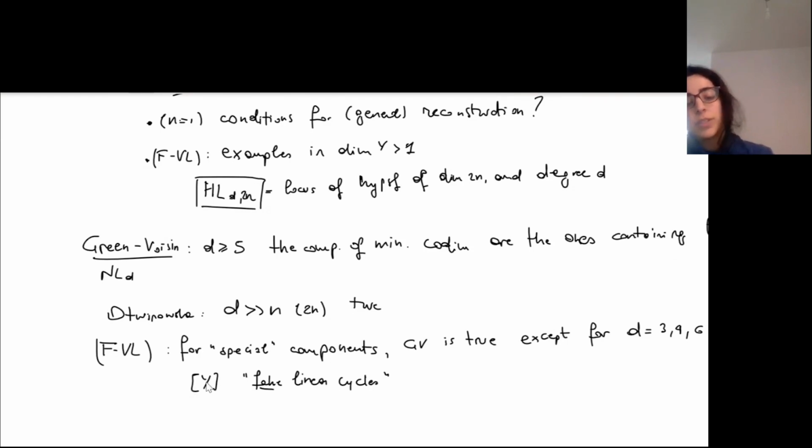Since those cycles are really explicit with equations, they can compute explicitly the ideal alpha y, and they find that it's not perfect, it's not reconstructible.